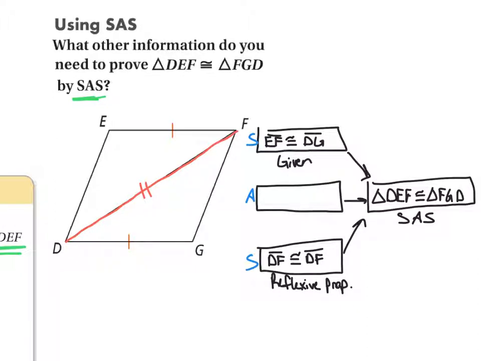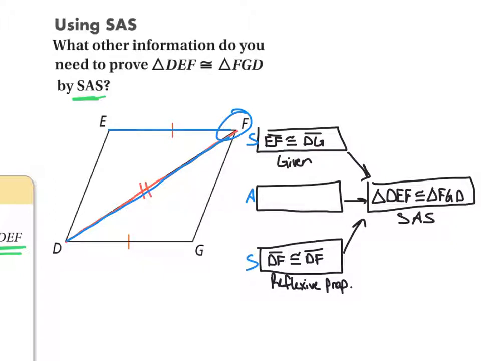Well, in order for side angle side to happen, we need to have two sides and the angle between them. So let's take a look here. Line segment EF and line segment DF both have F as one of their endpoints. And so angle F is the included angle.